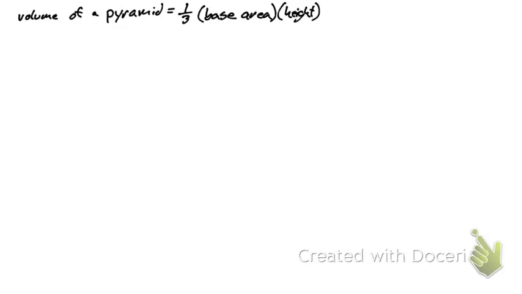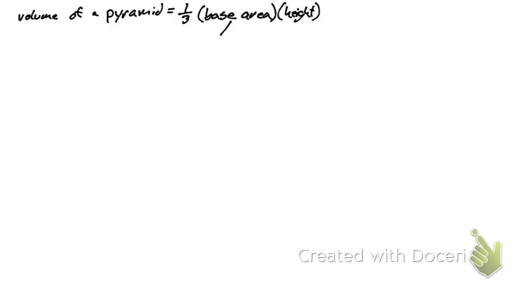So volume is always going to have something to do with base area times height. With volume, pyramids and cones, it's going to be 1/3 of it. But we always got to think base area and height. So anytime I ask volume, at least find the base area and try to find the height. At the very least, if you don't know how to do anything else, at least find that.